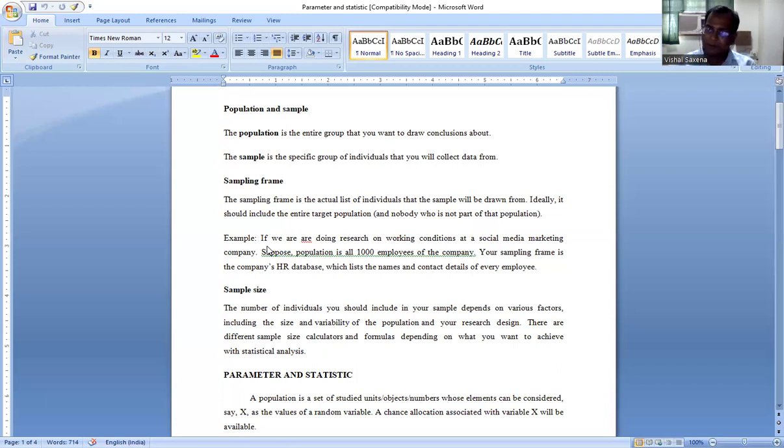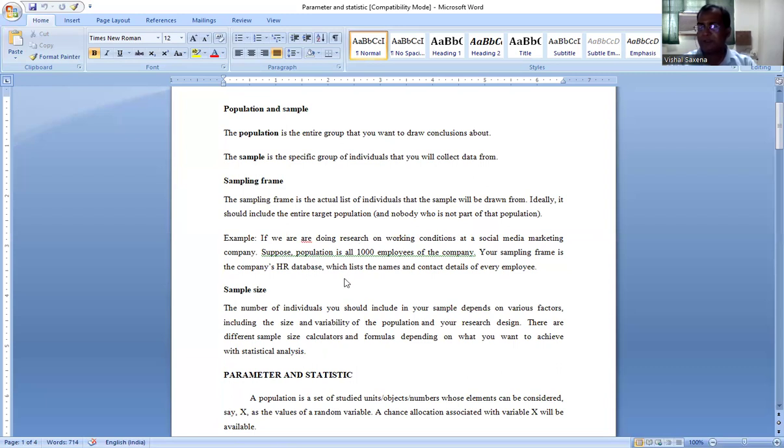If a member does not belong to the population, that member cannot be included in the sampling frame.